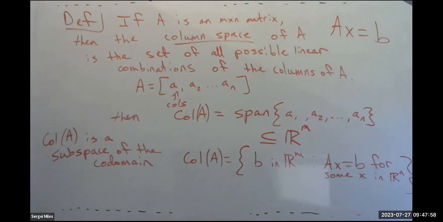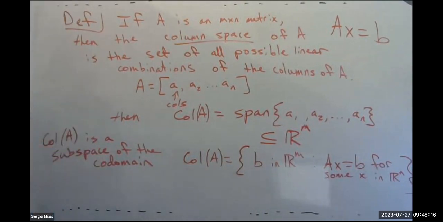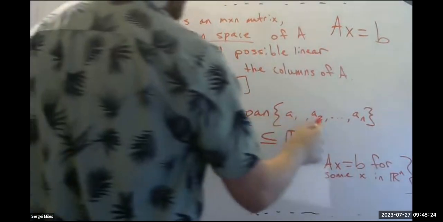Pick your favorite X, multiply it with A. Whatever you get from that multiplication is in the column space. But you can do that for any X in your domain. Plug it in, that gives you a new output. The column space is the set of all possible outputs. So the column space as well, we can rewrite as the span of something.